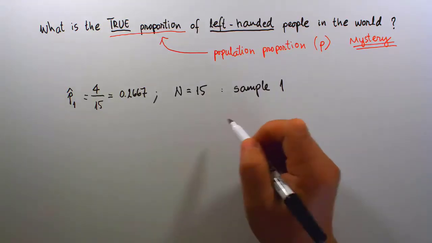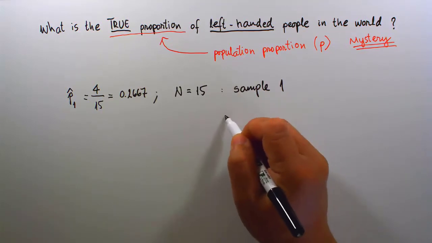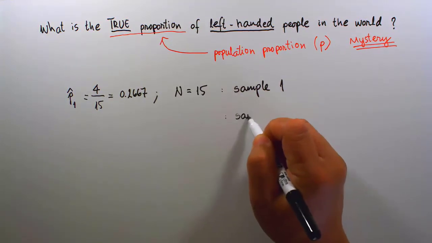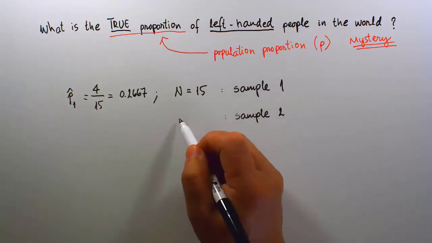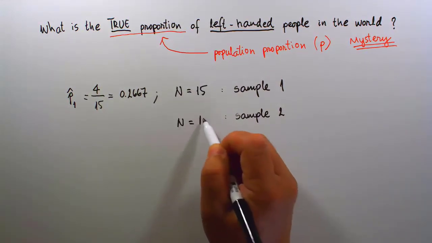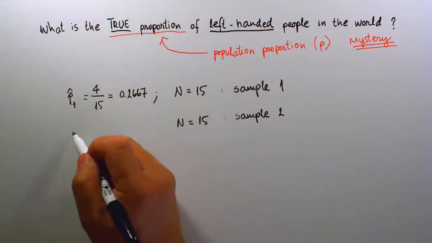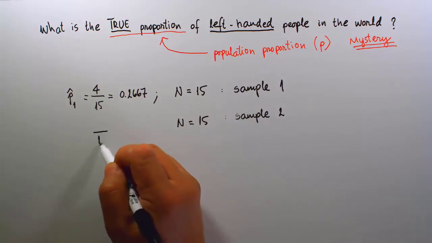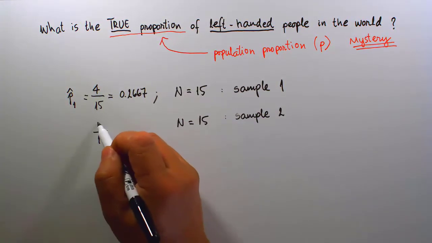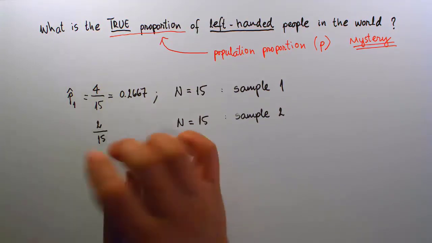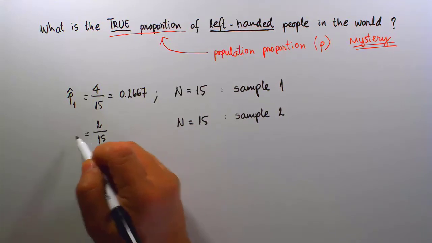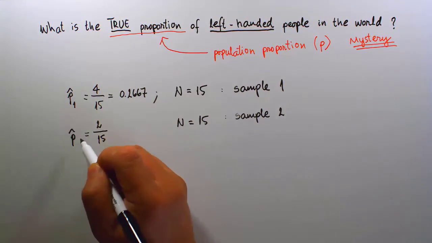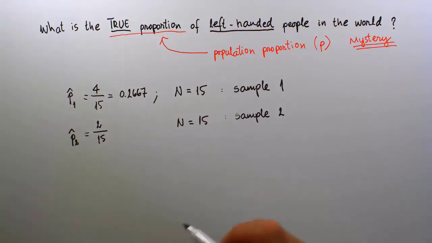So according to the Excel file, I have a sample 2 where the sample size is 15 again, and out of the 15 people collected, only 2 were left-handed. So the success count changed this time, and I can regard this as p hat 2.